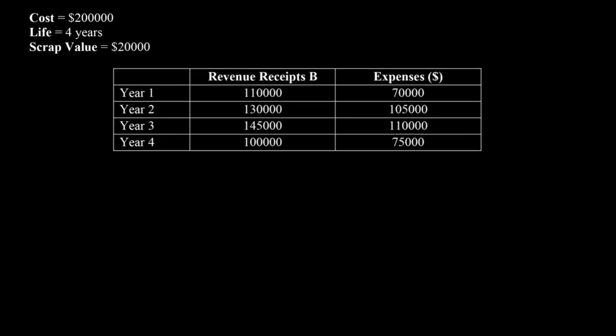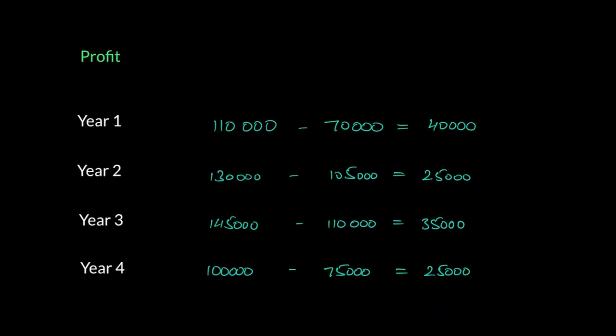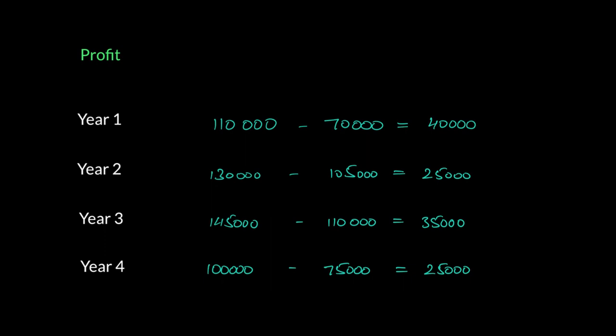And for this, we calculated our profits to be this. I'm not looking at net cash flows because ARR does not need net cash flows. We will need net cash flow for payback and other methods. But for this question, we'll just focus on our profit. Now, these are the lifetime profits: 40,000, 25,000, 35,000, and 25,000 for year 4. We just calculated this.